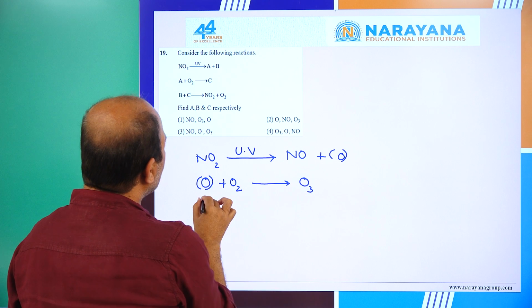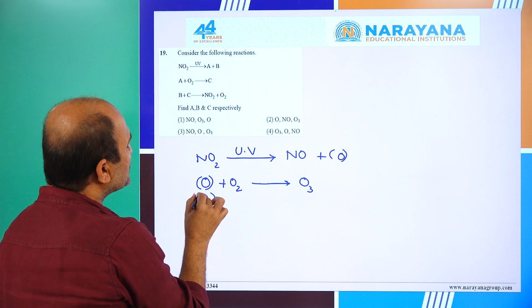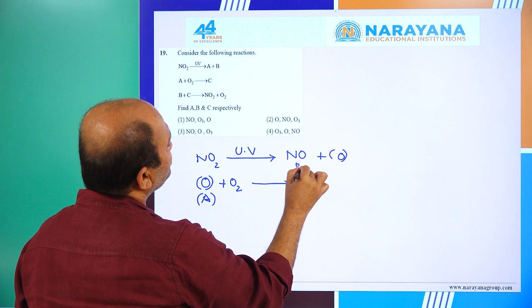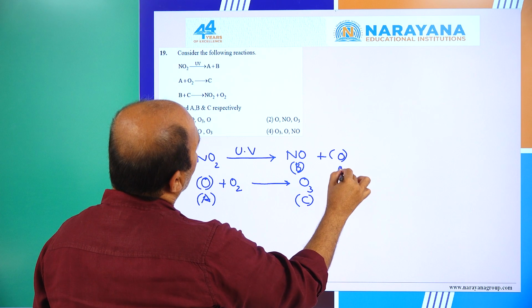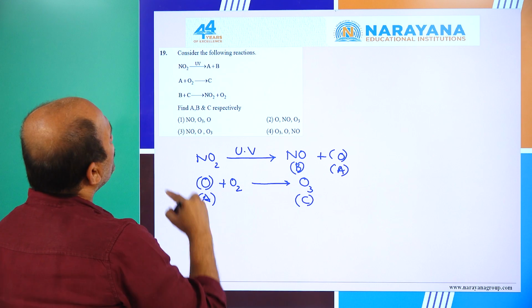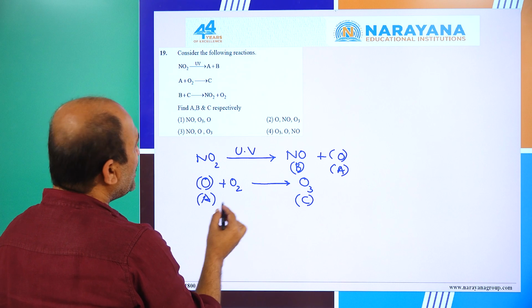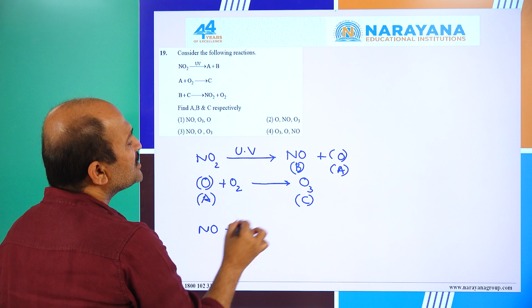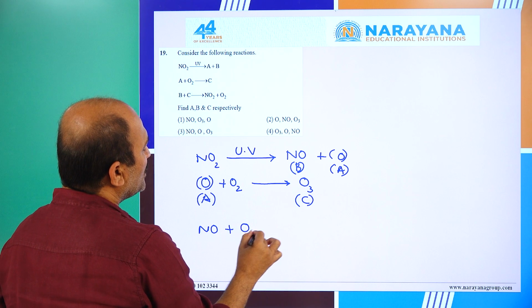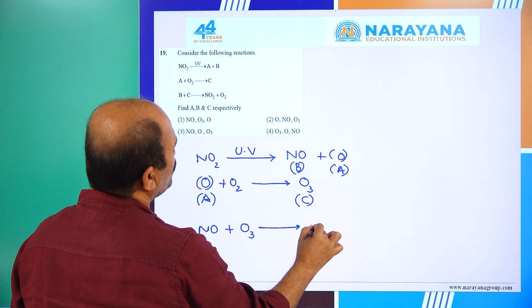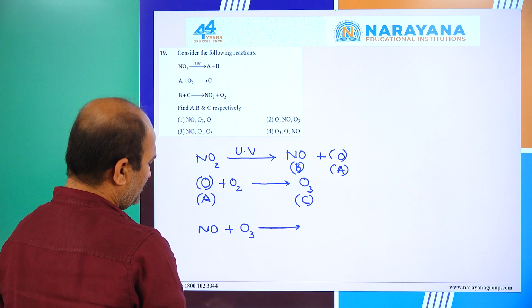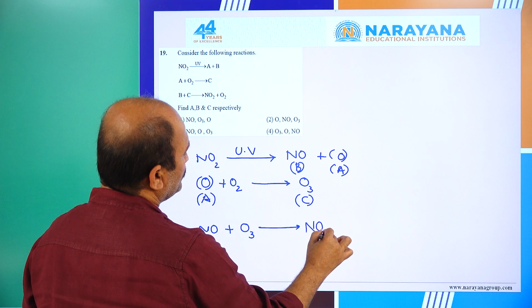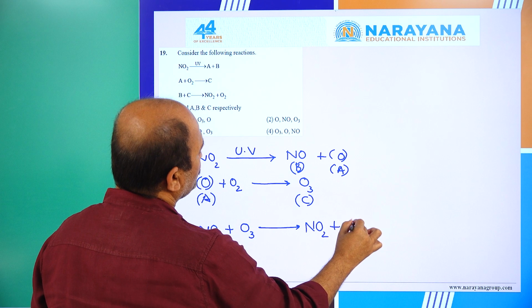So this can be considered as A, this as C, and this as B. Based on this, B plus C: B is NO and C means O3, and it reproduces NO2 plus O2.